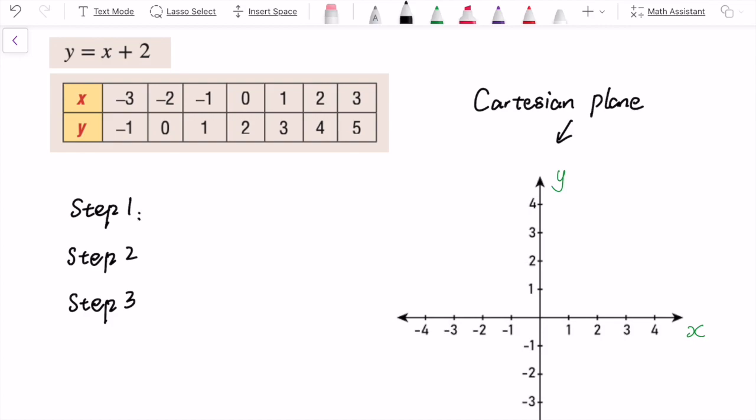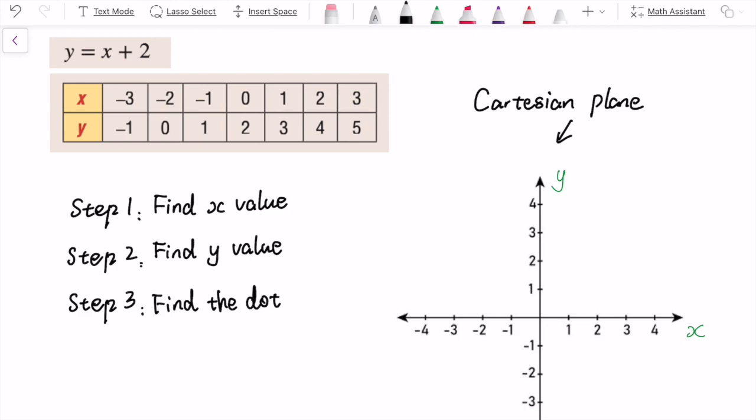The first, you are going to find out the x value. Step 2, find the y value. Step 3, find the dots on the cross.